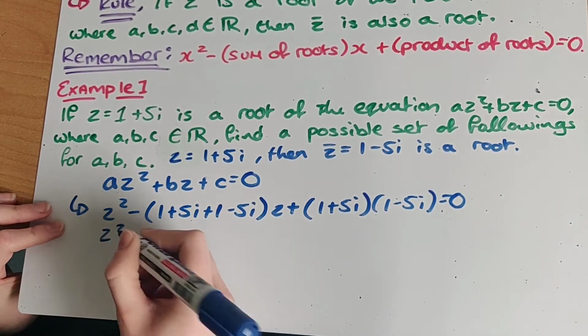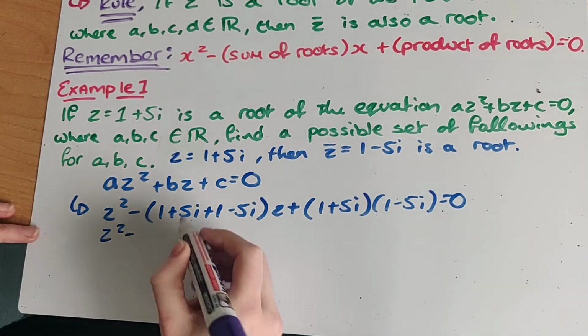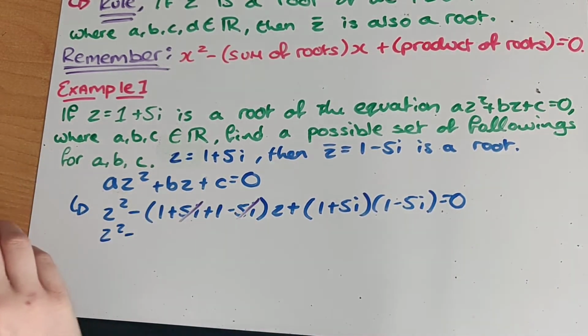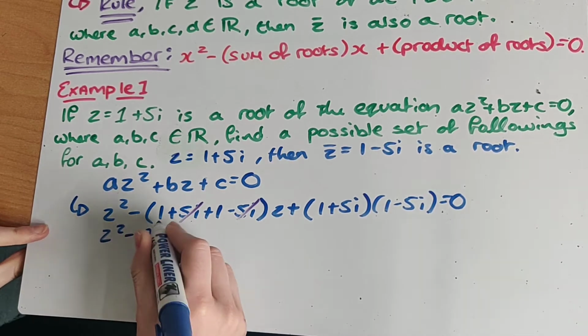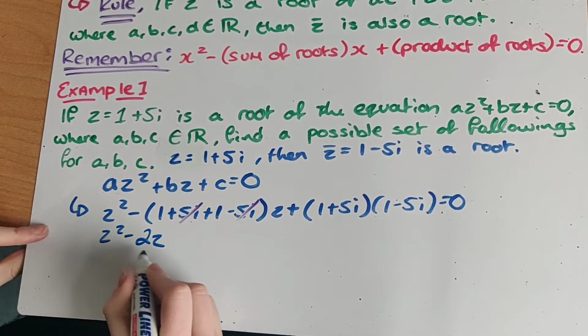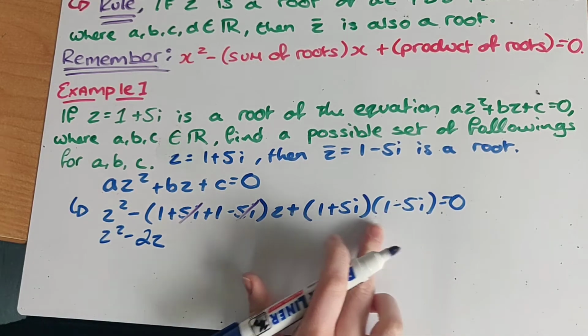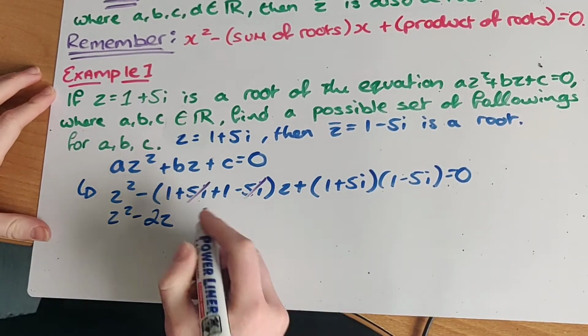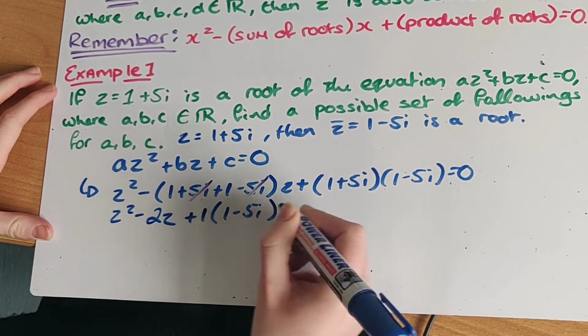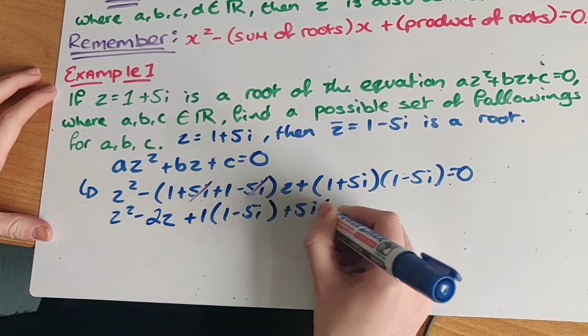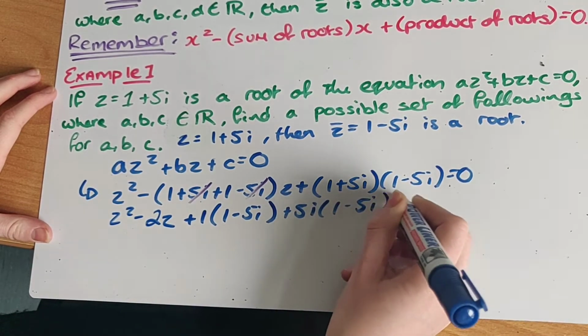So we get z squared minus, and I can see my two complex numbers inside the brackets cancel because one's a plus and one's a minus. So we get minus 2z, because 1 plus 1 is 2, times a minus makes minus 2z. Here we need to multiply out the brackets, which means I'm really going to have plus 1 by (1 minus 5i) plus 5i by (1 minus 5i) equal to 0.